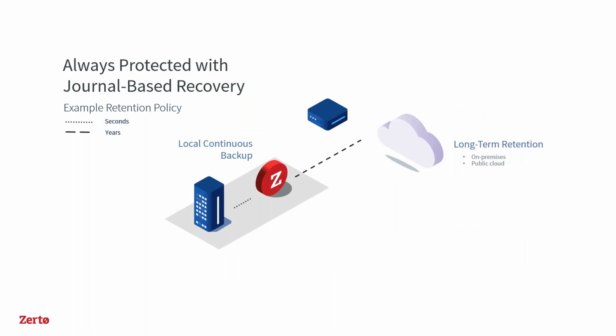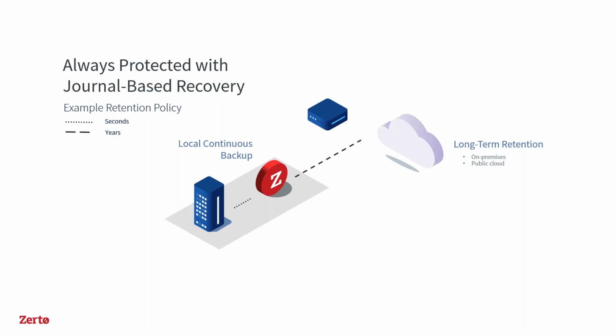What does continuous backup mean? Continuous backup basically uses our very well-known journaling capabilities. Instead of taking a snapshot of a VM and storing it on secondary storage somewhere, we use our journaling technology and our continuous data replication to continuously back up your applications onto a local copy.